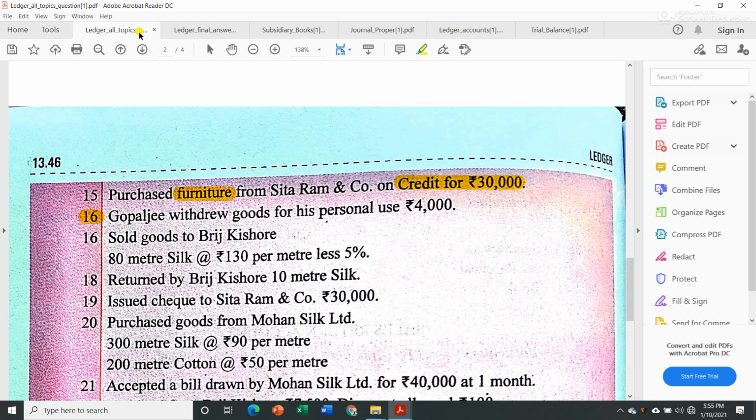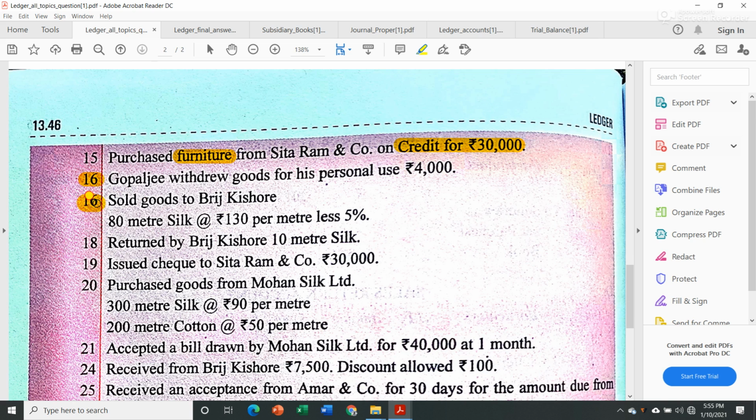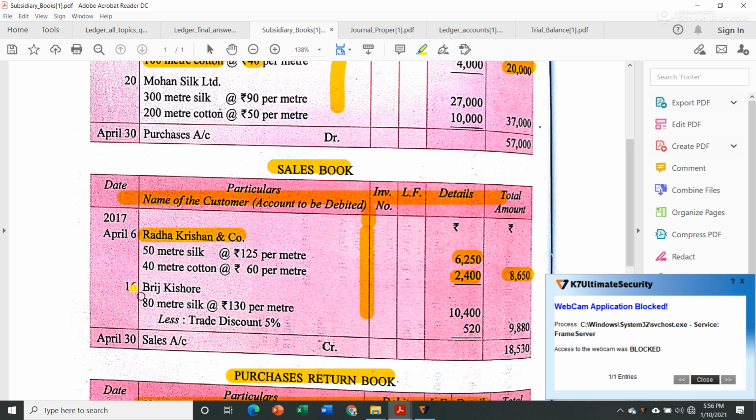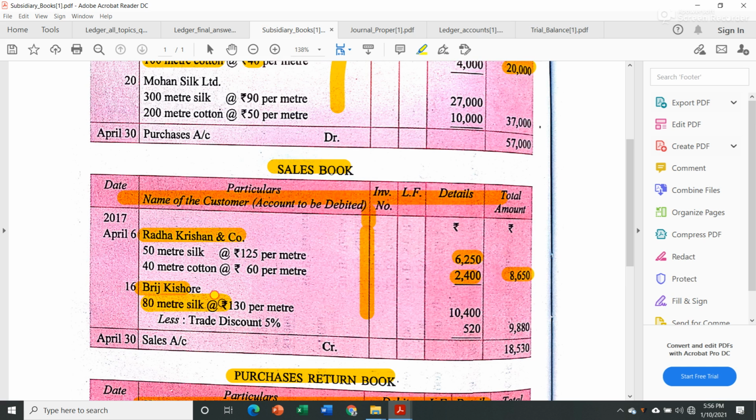Then next transaction we have, again on 16, sold goods to Brij Kishore 80 meter silk per meter less 5%. Now this is sales, so we have to write it in sales book. It is sales book to Brij Kishore 80 meter silk at 130 per meter, that stands up to 10,400. Then they said less 5%, that means trade discount of 5%, rupees 520.